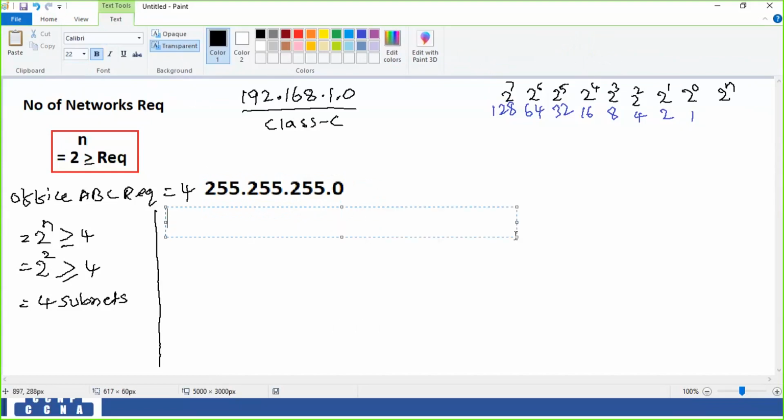This is in binary: 8 ones, 8 ones, 8 ones, and the last 8 bits are 0. 24 ones and 8 zeros. 1, 2, 3, 4, 5, 6, 7, 8. 1, 2, 3, 4, 5, 6, 7, 8. 1, 2, 3, 4, 5, 6, 7, 8. Last octet is 0. Correct?